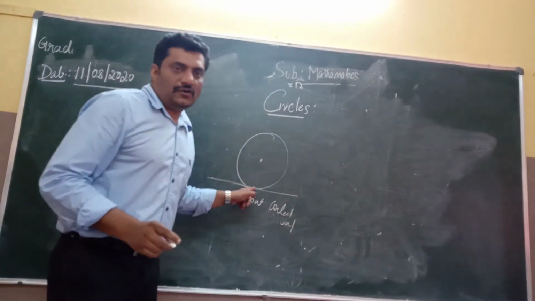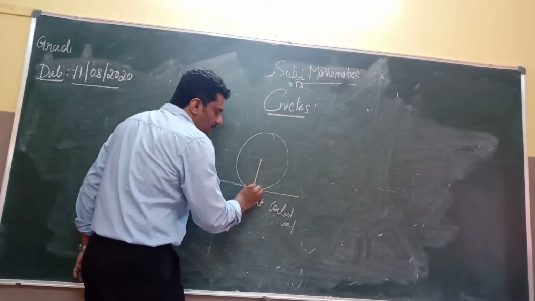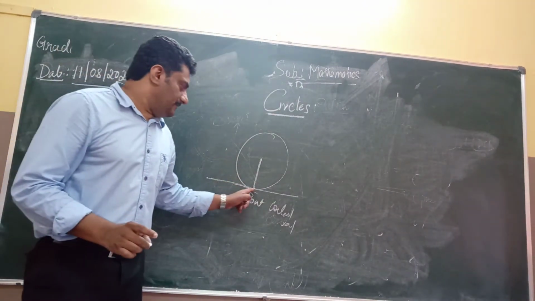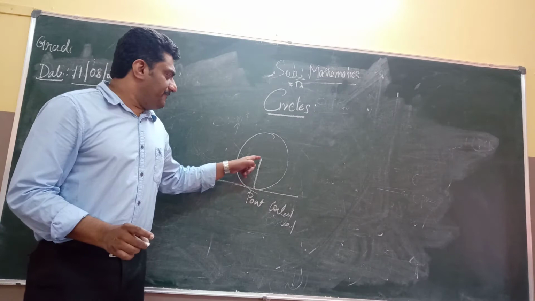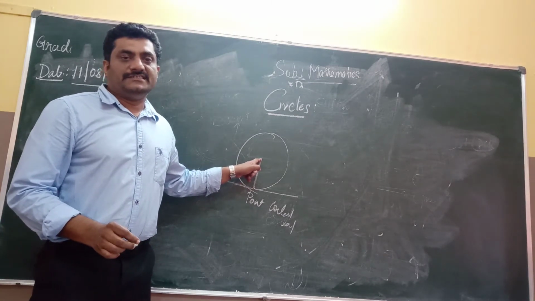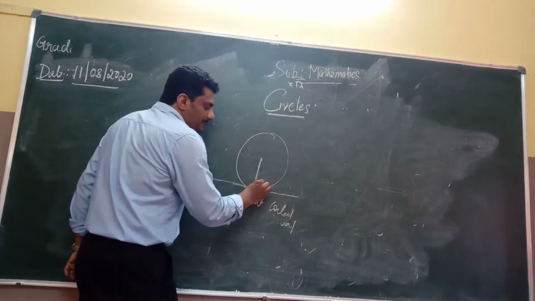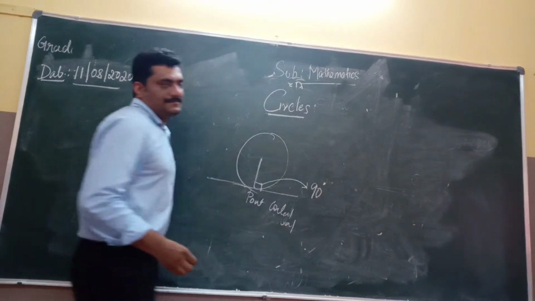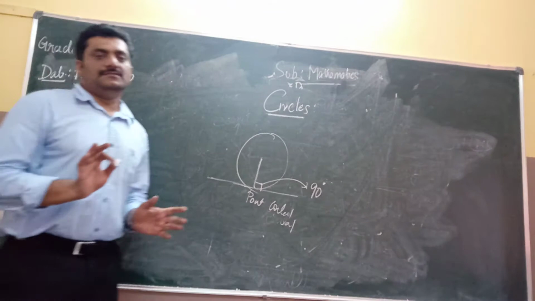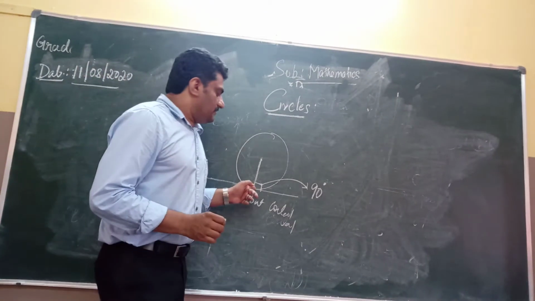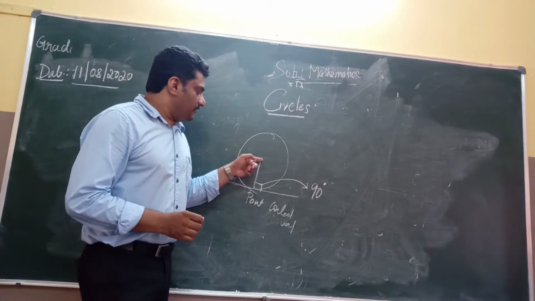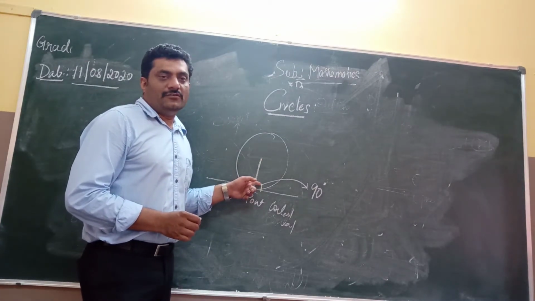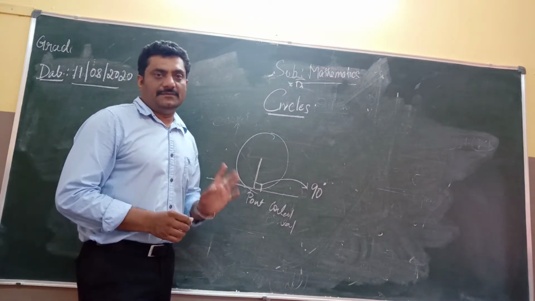From the point of contact, if I join the center of the circle, the angle formed is always 90 degrees. Understood? If I draw a line from the center of a circle to the point of contact, the angle formed is 90 degrees. Remember this.